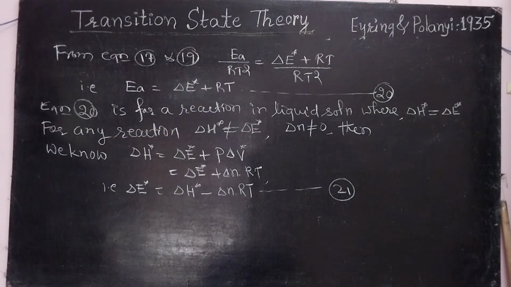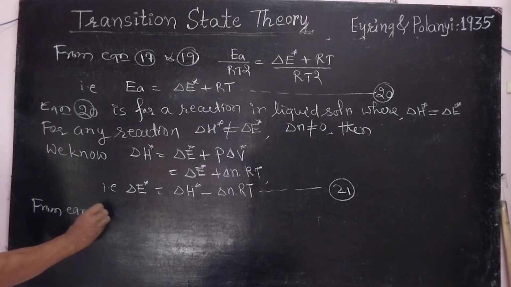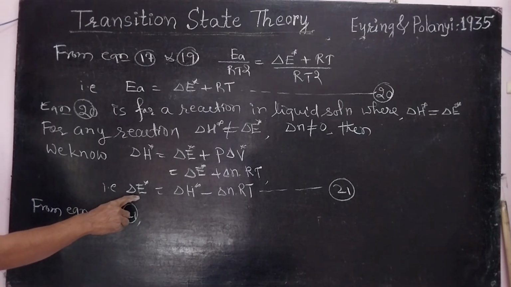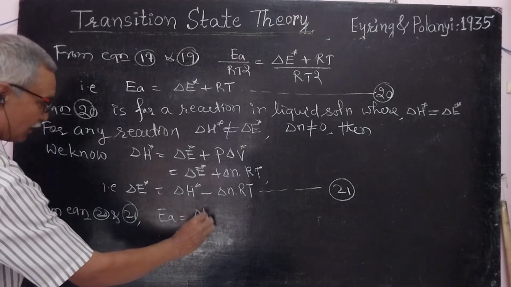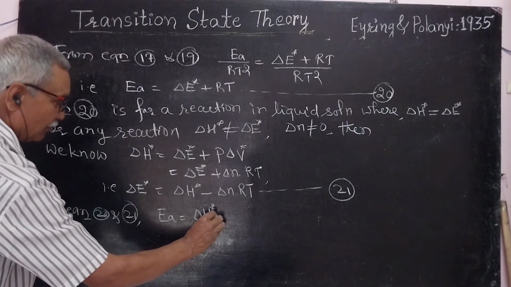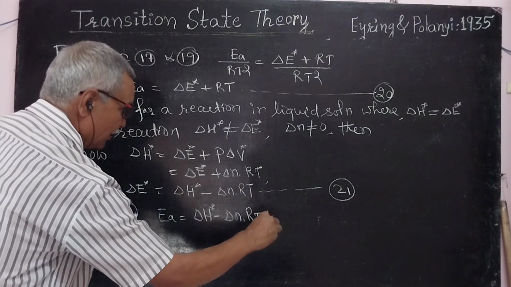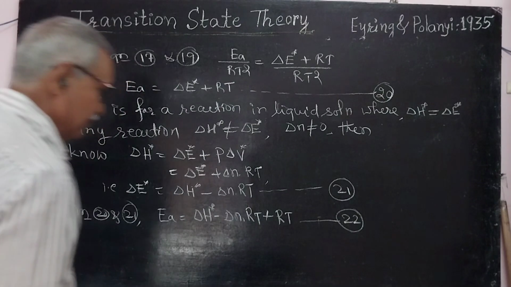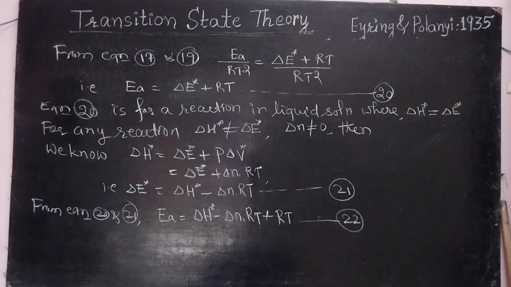From equations 20 and 21, we just substitute this value in this equation. We are going to get EA equal to delta H star minus delta N into RT plus RT. This equation is applicable to any reaction, gaseous reactions or solutions in the liquid.